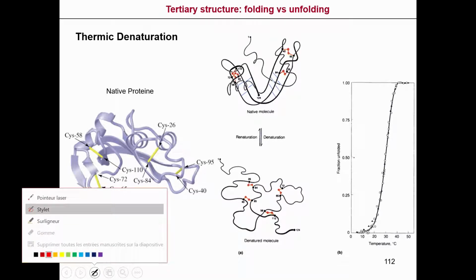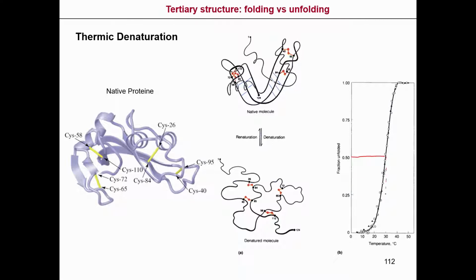The melting temperature is the temperature at which 50% of your protein is folded and 50% is unfolded. It's like when you measure the melting temperature of DNA. You can have the same definition.